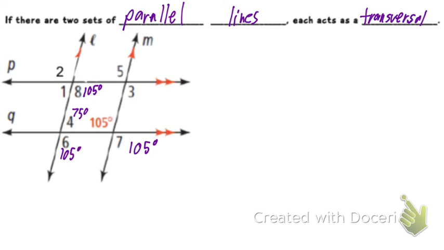Okay, what type of angles are these? Corresponding, like 6 and 8 were. Corresponding angles are what when the lines are parallel? Congruent. So the measure of angle 3 is 105 degrees.